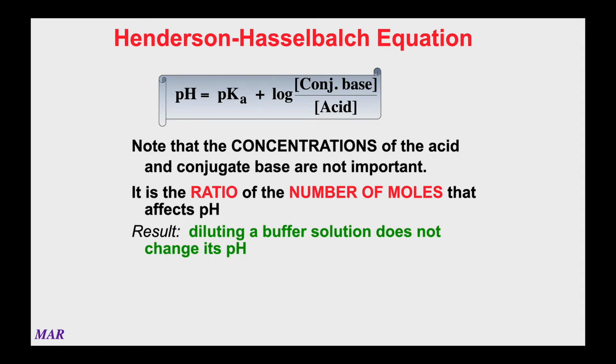If you dilute a buffer solution, i.e. add a lot of water, it doesn't affect the pH. And this is a wild thing that comes out of HH. If it's a ratio of moles over moles or molarity over molarity, in theory, you could turn your 30 milliliter buffer into a 3 liter buffer or a 300 liter buffer.